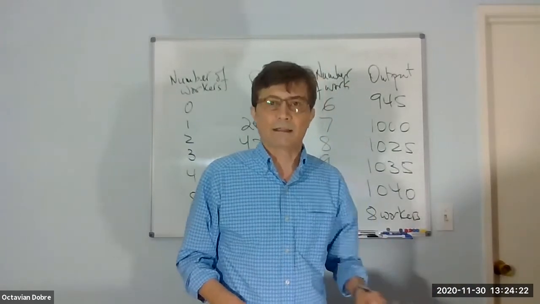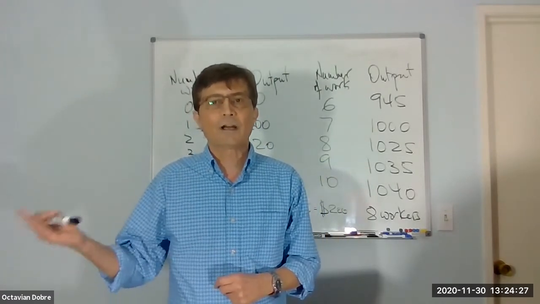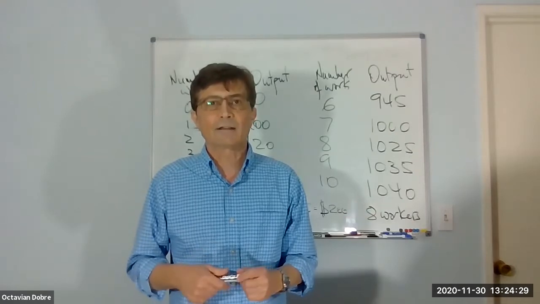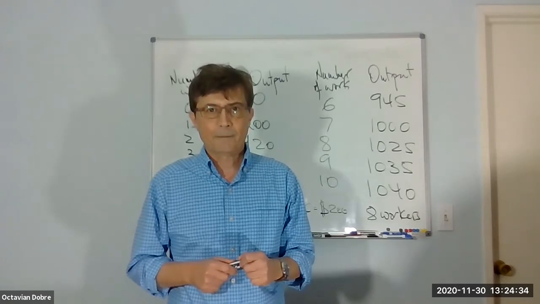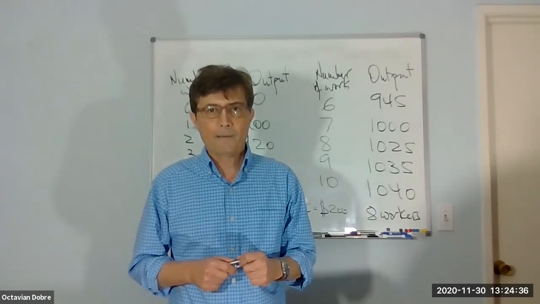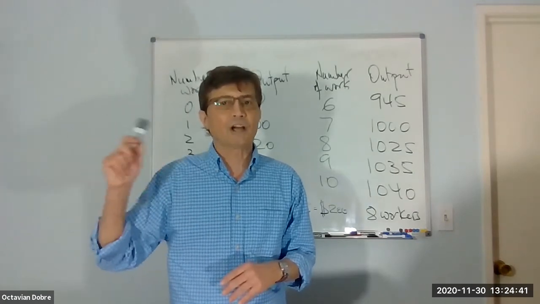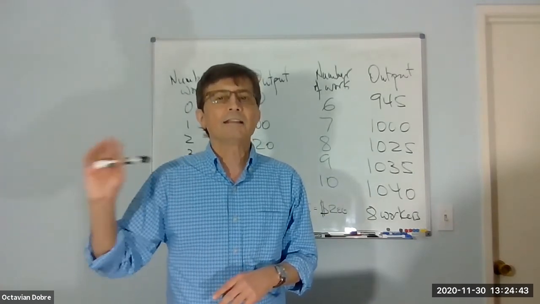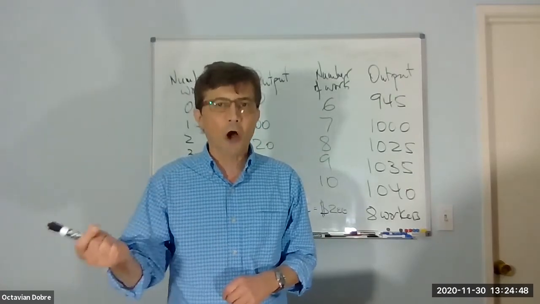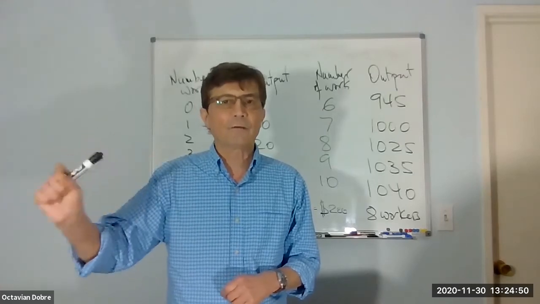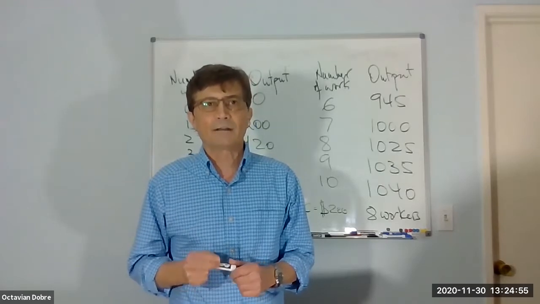What would be the price if the contribution of the 7th worker is equal to $1,100? What would be the price of the units? What is the price of a unit, given that you know that the contribution to the revenue of the 7th worker is $1,100?